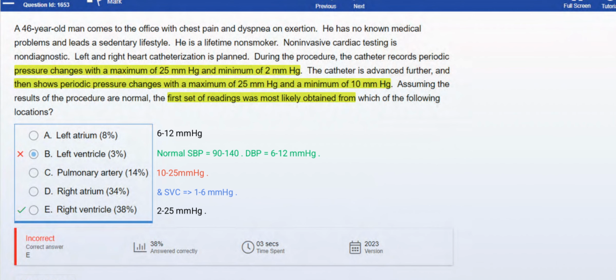If they were asking about the second point, then that would be pulmonary artery. Why not right atrium? Because the pressure there is 1 to 6 mm Hg, and this is also the case for the superior vena cava, because the pressure in the right atrium and superior vena cava is the same.